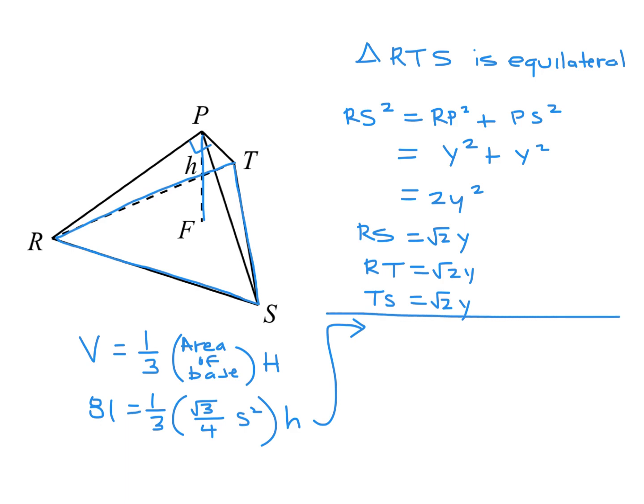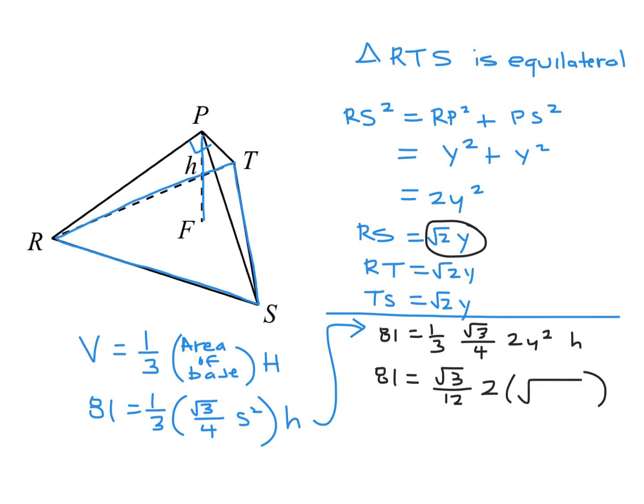All right, so we're in the home stretch here. So let's see here, we have 81 is equal to 1/3 times root 3 over 4 times S squared, where S is the side length, so S squared should be 2y squared, and then H. And then y, in the previous question, we had figured out to be the cube root of 486, and that's squared, and then H. So there you go.